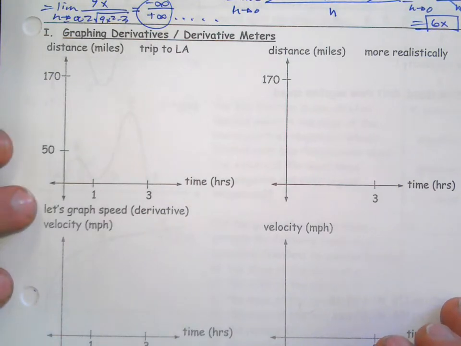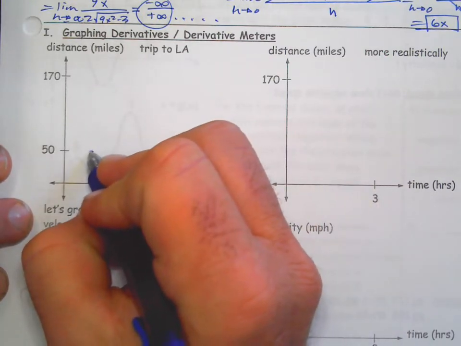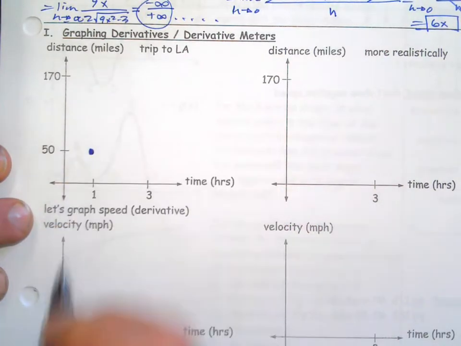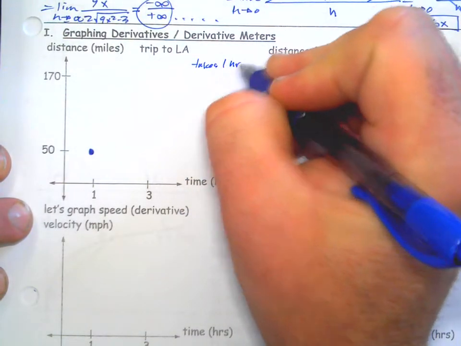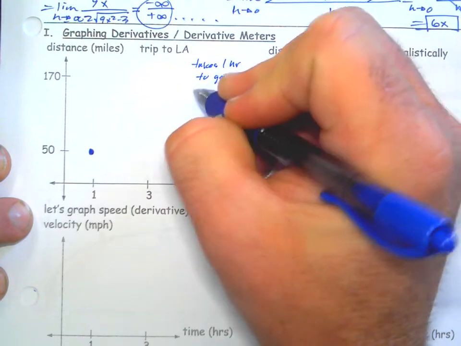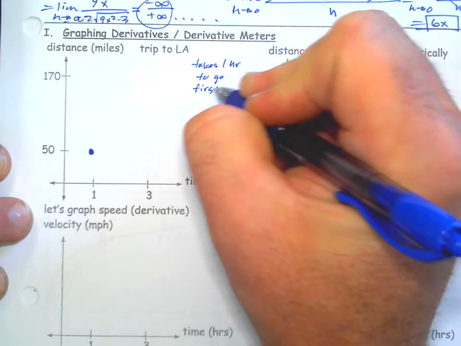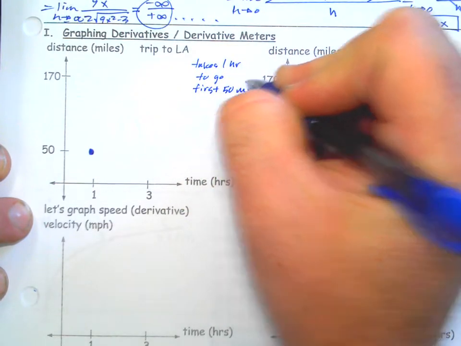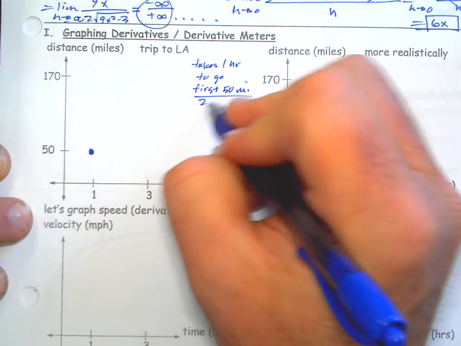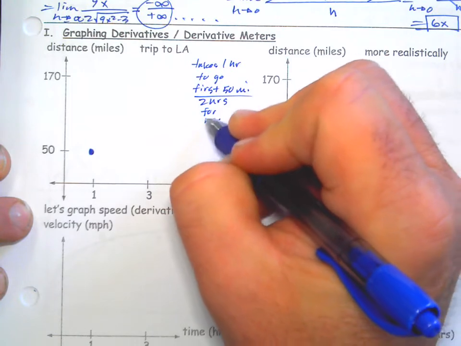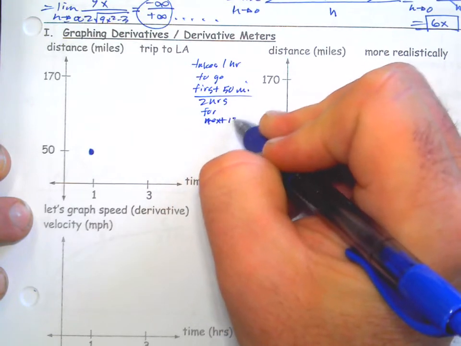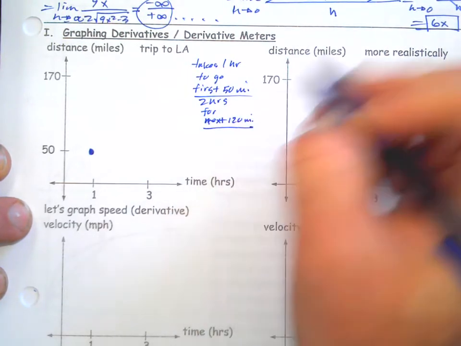Now, let's say we're taking a trip to LA, and let's say it takes 1 hour to go the first 50 miles. And then 2 hours for the next 120 miles. We'll say the whole trip's 170.